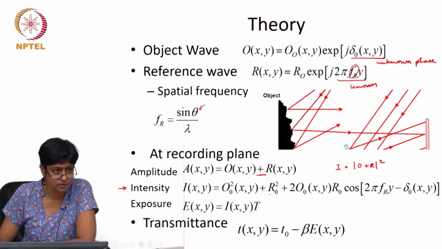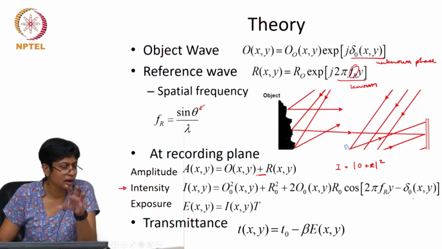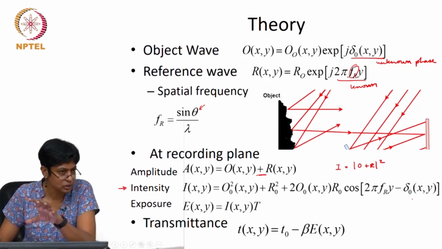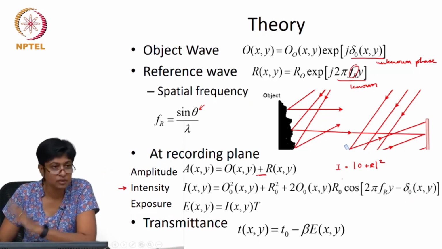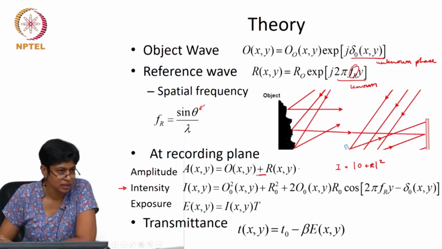That's what you see here. The next one would be the sum of the two terms that are O star R, the phase difference between them, and O R star, the phase difference between them, and if I combine those terms, I will get this cosine term here. This is exactly your two beam intensity interference equation.